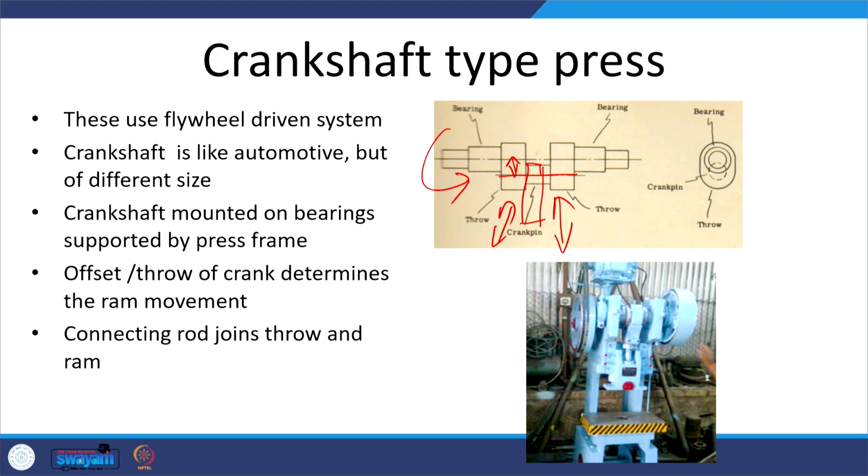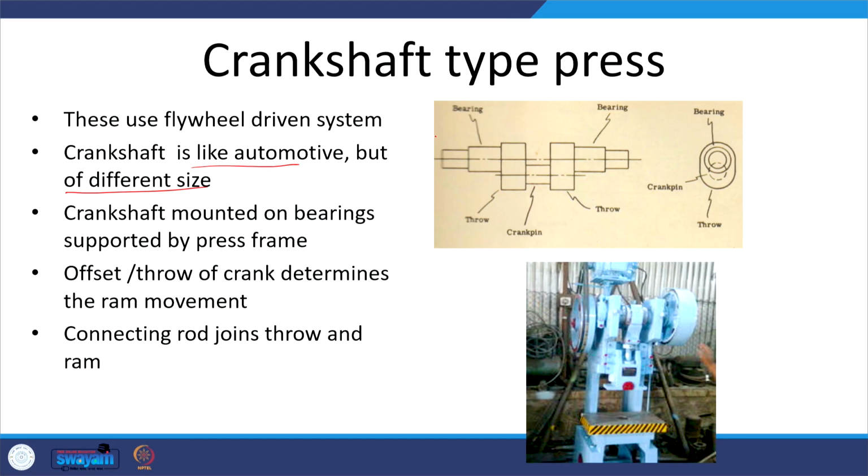The only difference is in case of automotives, the size of the crank pin may be limited, but in case of presses it is huge, to enhance the capacity and the tonnage of the press. Okay. So, here the crankshaft is just like automotive, but of different size, especially it is large to enhance the capacity.